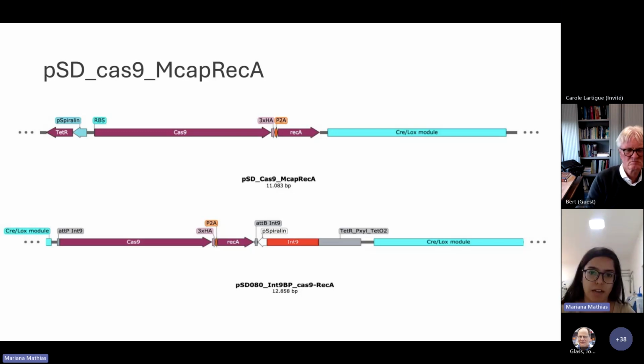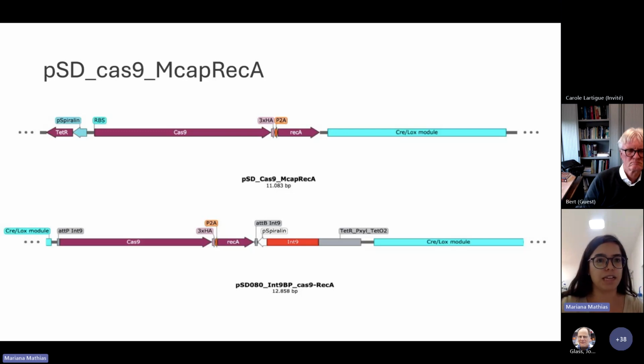So the tetracycline is inducing the integrase, and the integrase will control our proteins. Once they are flipped because of the integrase mechanism, we have the Cas9 and RecA being produced. So this is somehow trying to control the whole system and not make it toxic.